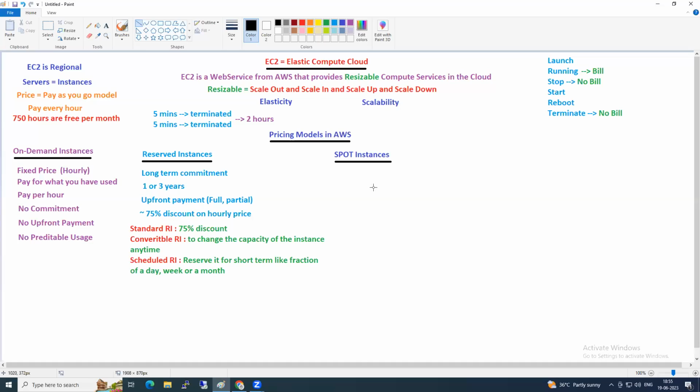Similarly, here in AWS also, you can bid. AWS will say, okay, now you are saying, I want a 100 GB RAM EC2 instance for 2 rupees. Can you bid it? Yes, bid it. If there is a current price on it, you will get it.